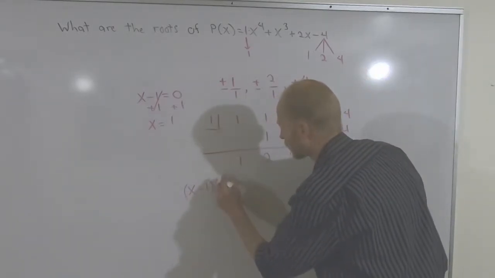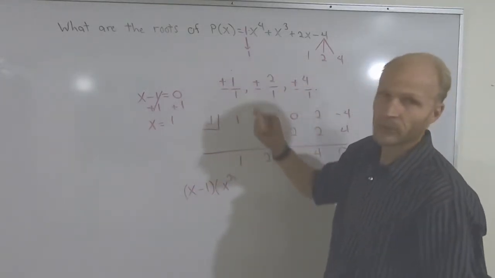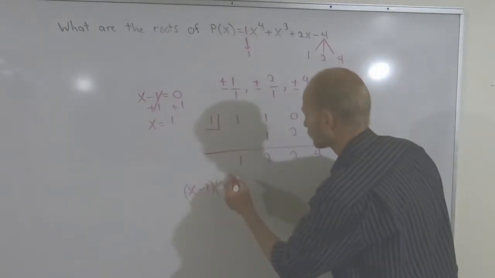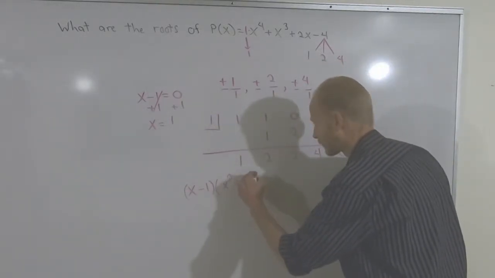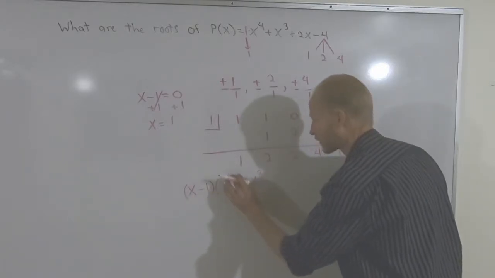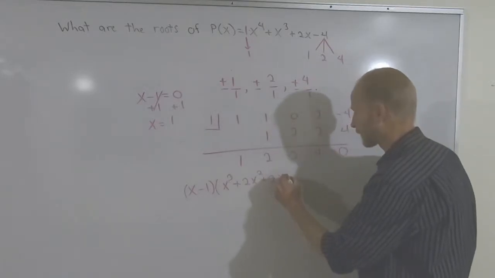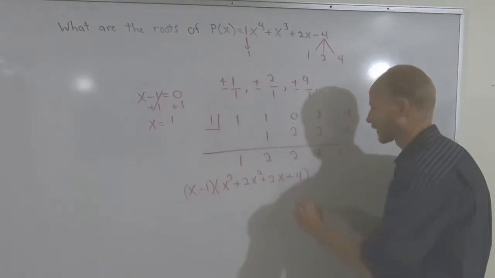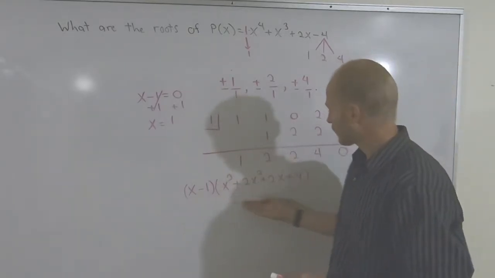Again, you always drop your power by 1 when you divide by a linear factor. So x cubed plus 2x squared, plus 2x plus 4.